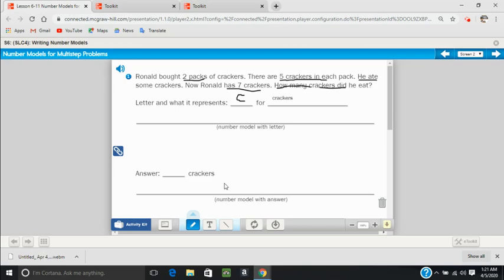So now our number model should be 2 packs of crackers with 5 crackers in each one. So we have to multiply.